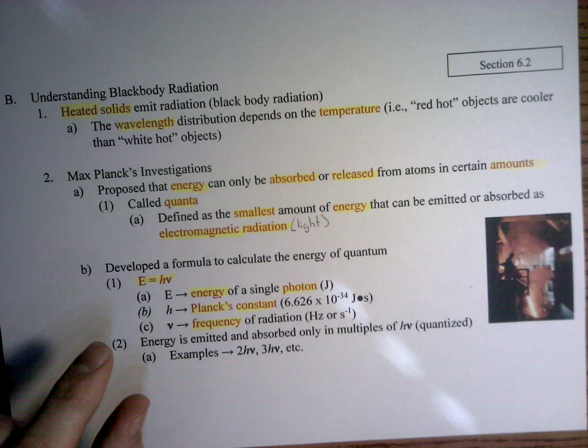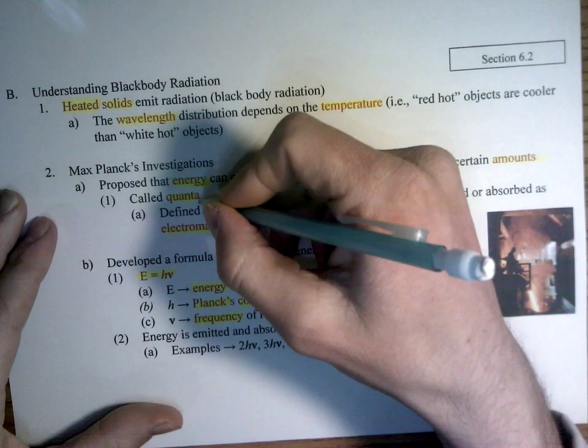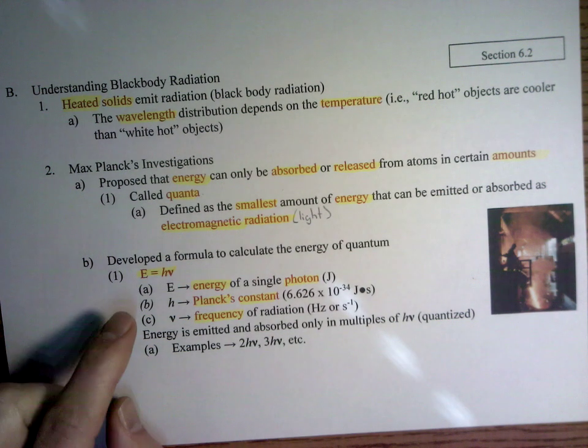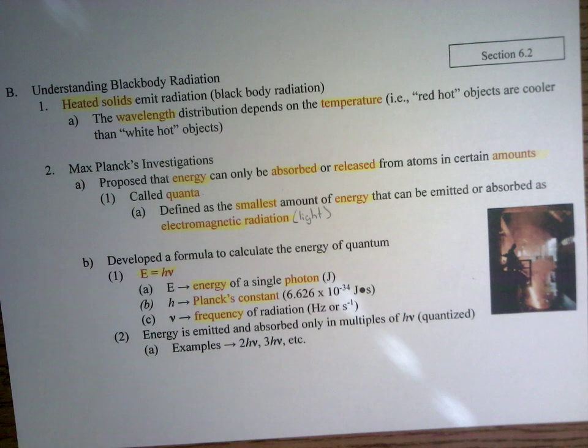Now, we'll go a little bit more in depth on this quanta because that's a really important concept, and it's really important to use this formula of Max Planck to explain that.